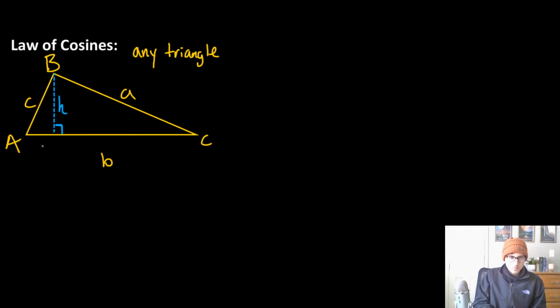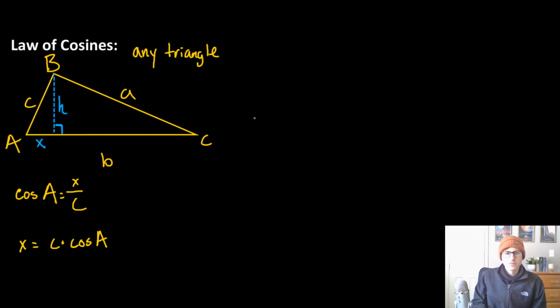So if I'm thinking cosine, with the law of cosines we're looking at the cosine of one angle. So let's look at the cosine of angle A. That would be this side length over C. So this side length, let's call it X. So the cosine of A equals X over C, meaning that X equals C times the cosine of A. And that's all well and good, right?